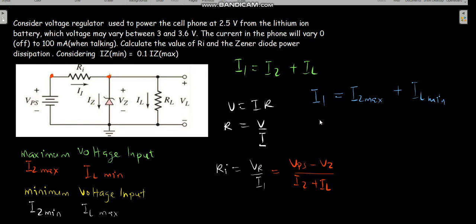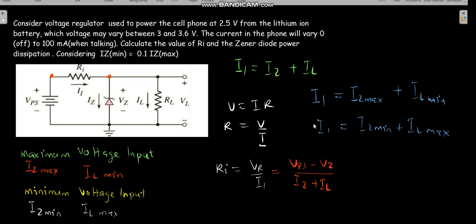And also when IZ is reduced, then we can increase the IL, so that you will still get the same value that we have here. So when we increase the IZ max, the IL minimum, the IL has to reduce, and when the current in the Zener diode is reduced, then the current in the load has to be increased.